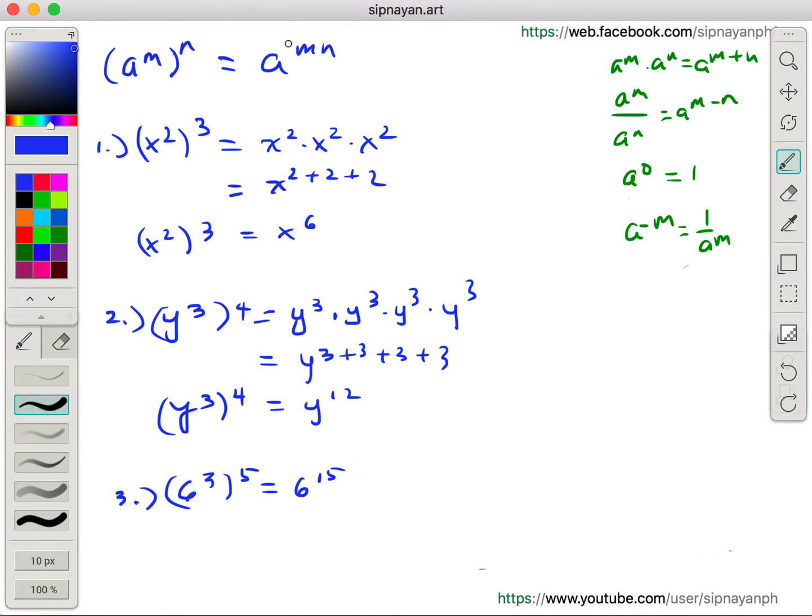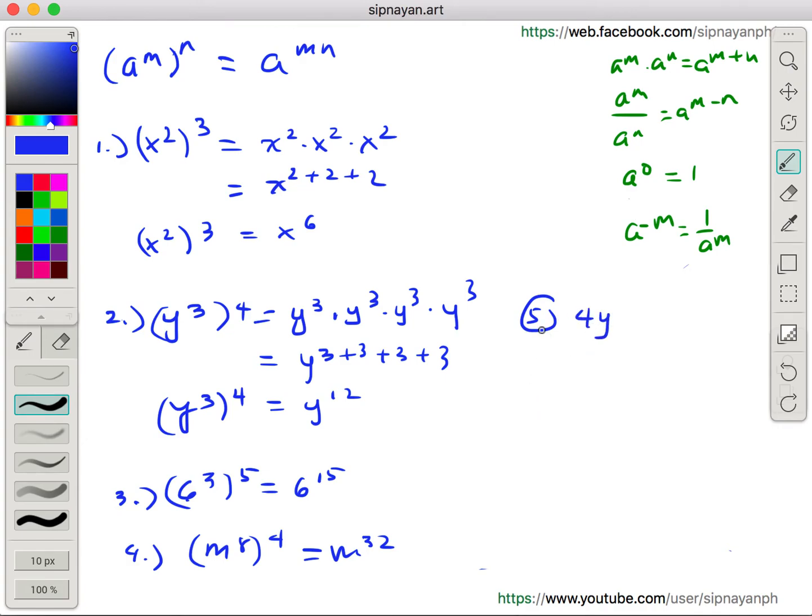Ang gusto lang naman natin ipakita that we are multiplying the exponents. Number 4, we have m to the 8th raised to the 4th. So, ano yun? M to the 32, di ba?